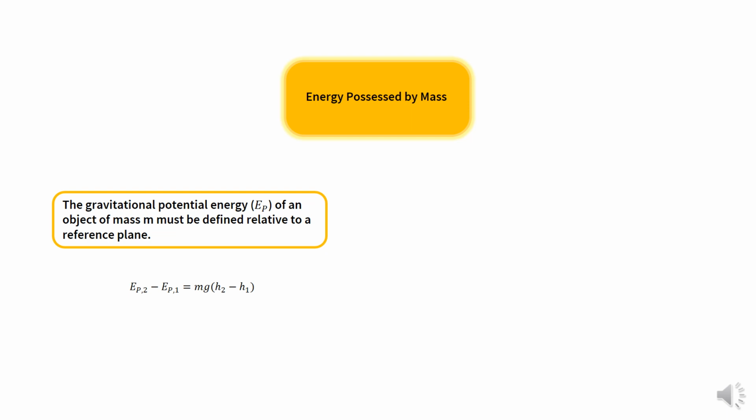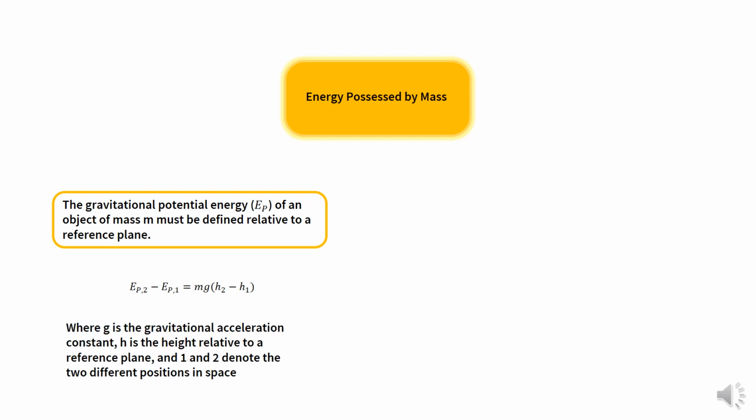For example, the gravitational potential energy, EP, of an object of mass m must be defined relative to a reference plane, and it can be calculated using the formula in this slide, where g is the gravitational acceleration constant and h is the height relative to a reference plane, and 1 and 2 denote two different positions in space.